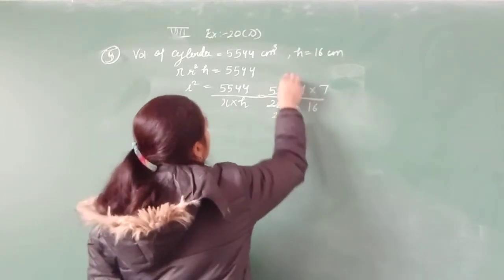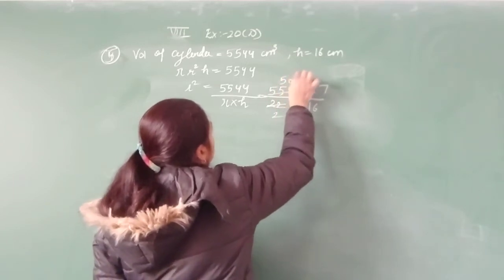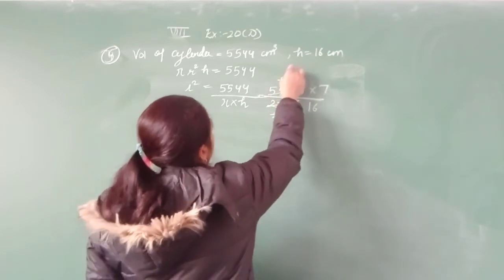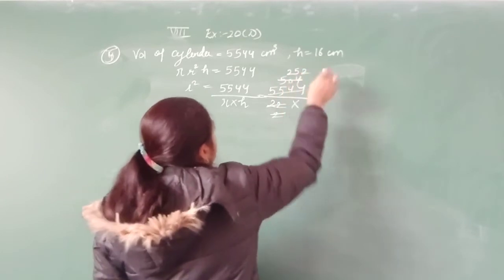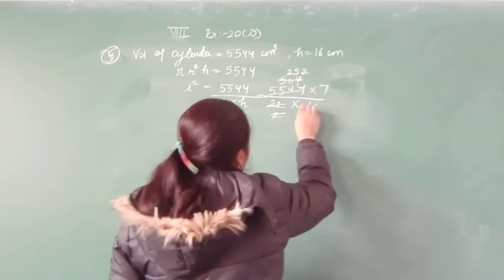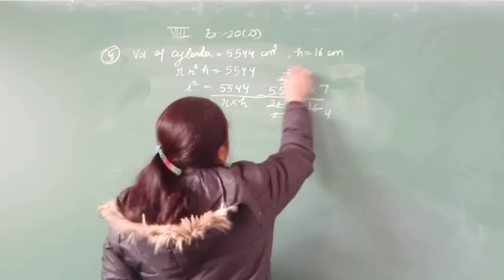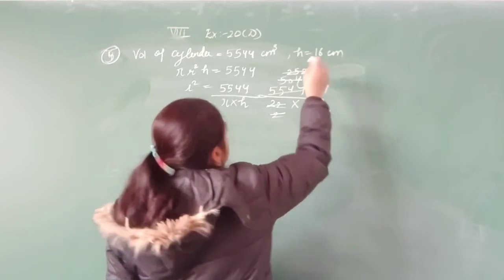11 2s are 11, 5 is 55, then divide by 2, 2 2s are 4, 2 5s are 10, then divide it with the 4, 63.